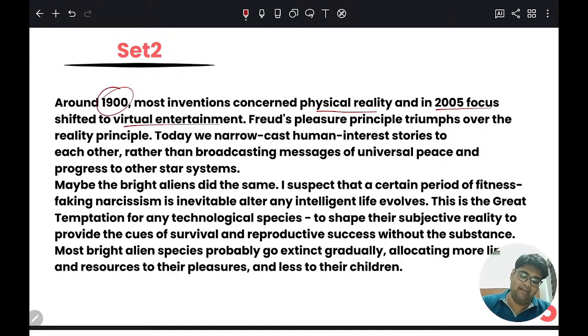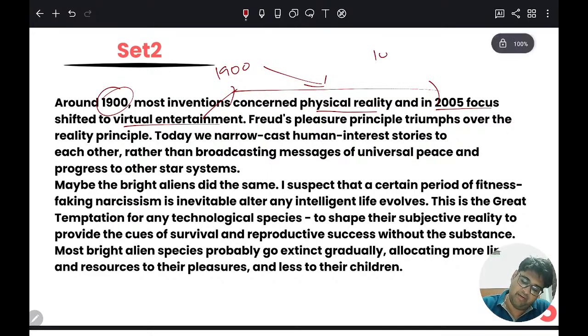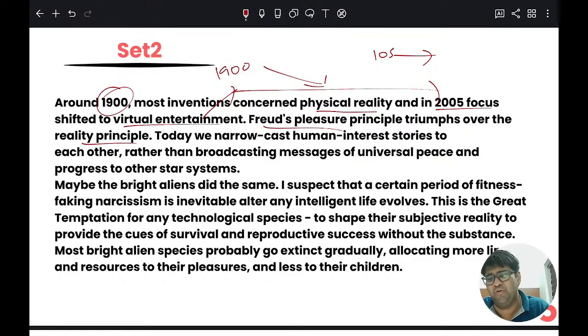In the earlier era, everything was physical reality. Now it has shifted to virtual entertainment by 2005. In only about 105 years, the shift has been complete. Freud's pleasure principle triumphs over the reality principle. From that, you can say that people are more into pleasure than reality.